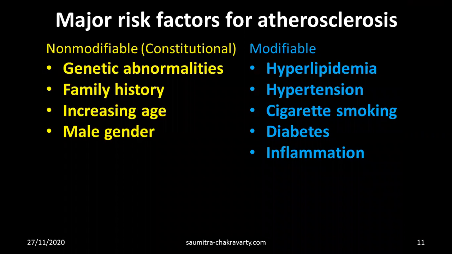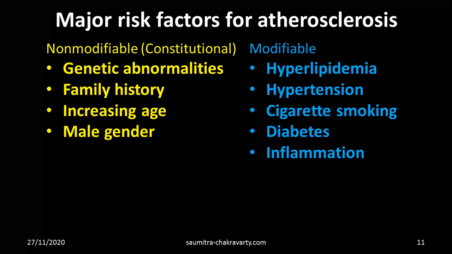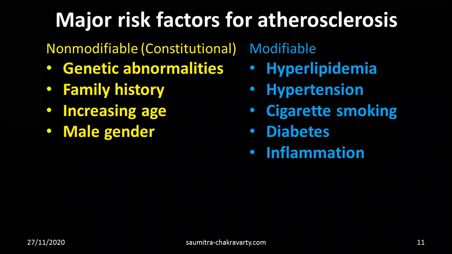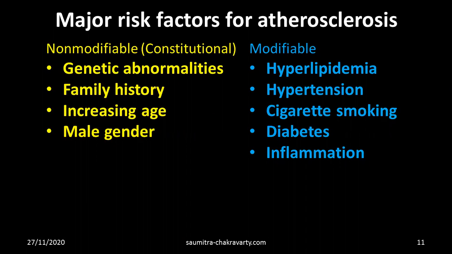Now, what are the major risk factors for atherosclerosis? There can be some modifiable and non-modifiable risk factors. Can anyone tell me why increasing age happens to be a major risk factor?